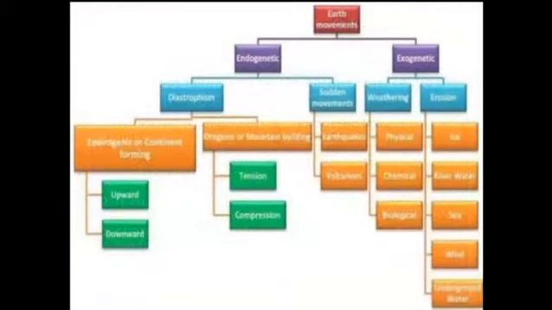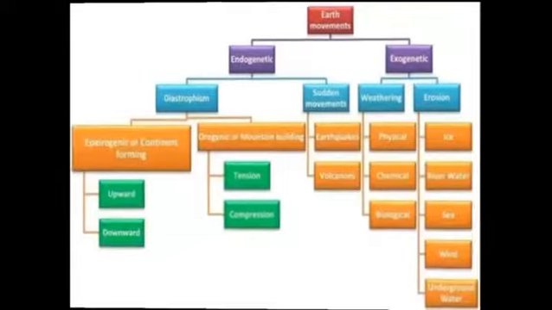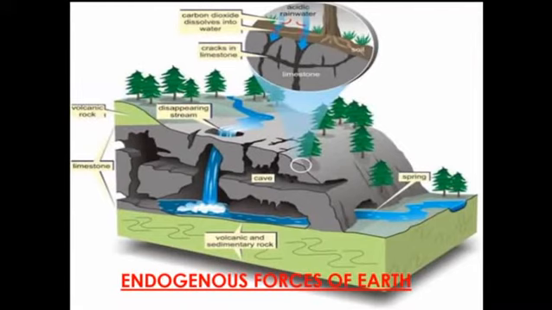The endogenous movements are sudden and usually appear as distortion or dislocation of the earth's crust. On the other hand, the exogenous movements appear in the shape of weathering and erosion. The endogenous process occurs beneath the surface of the earth, as you can see in the diagram, that these changes take place internally.